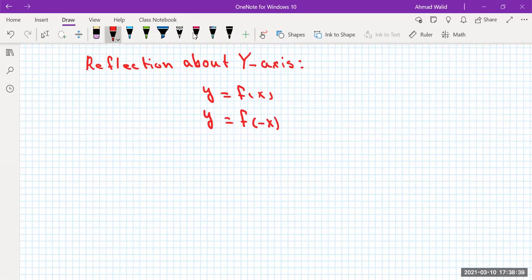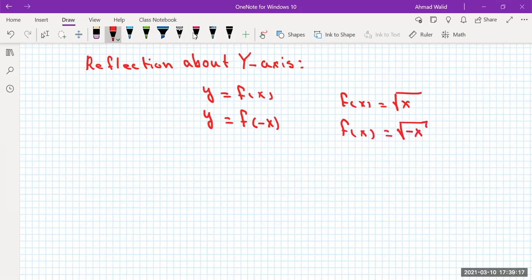That gives you a reflection about y-axis, correct? For example, if I have f of x equal square root of x, and someone is asking me to find the reflection of this function about y-axis, I will look for this: f of x equal square root of negative x.